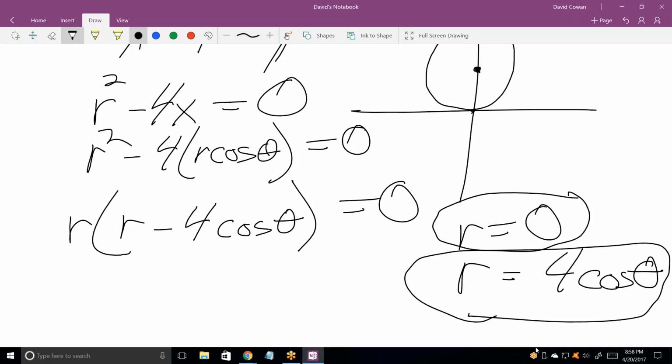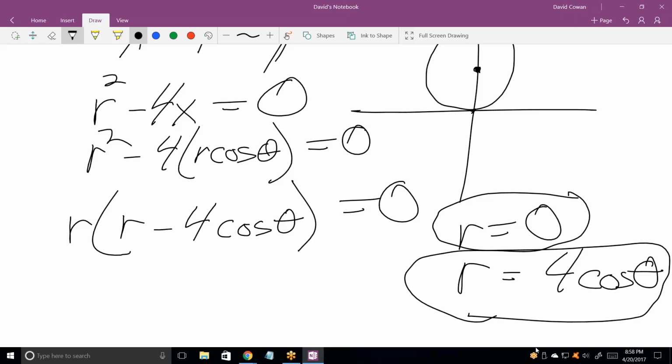R is the magnitude of the line that goes from the origin. But once you start having circles that aren't at the origin, in other words, if you put that circle at the origin, then the equation of it is r equals 2, right? Yeah.